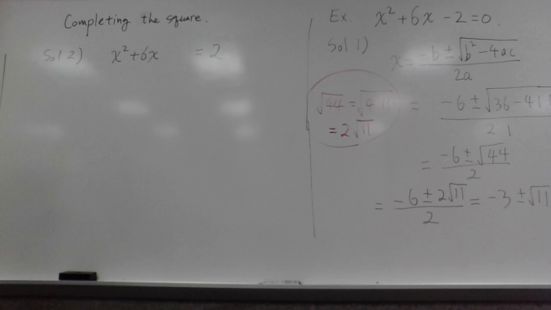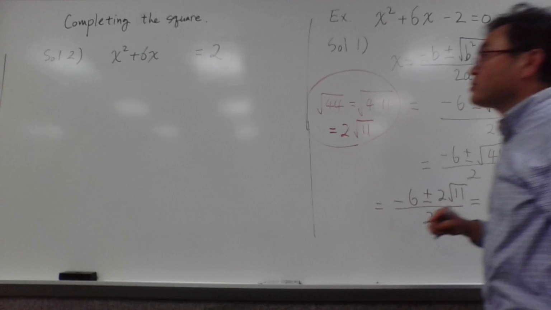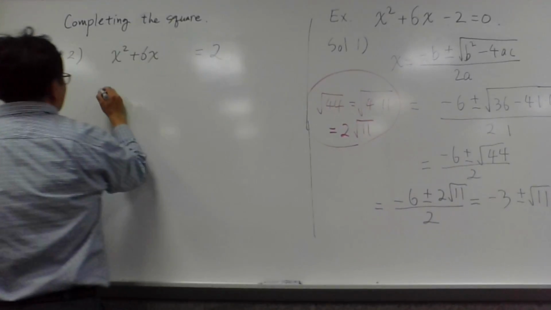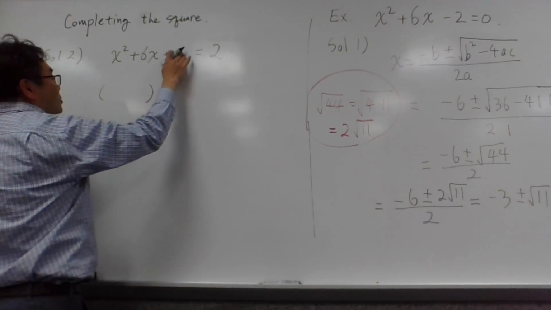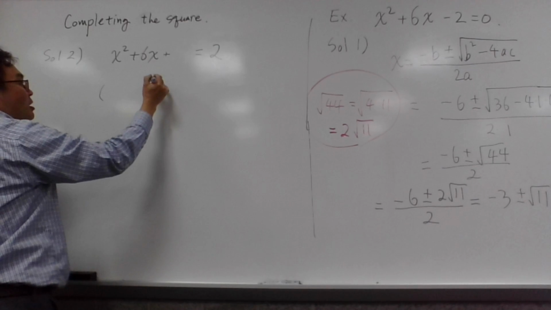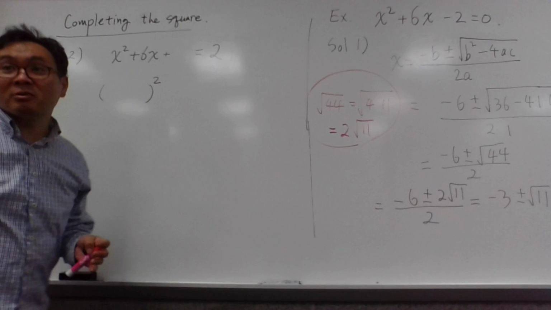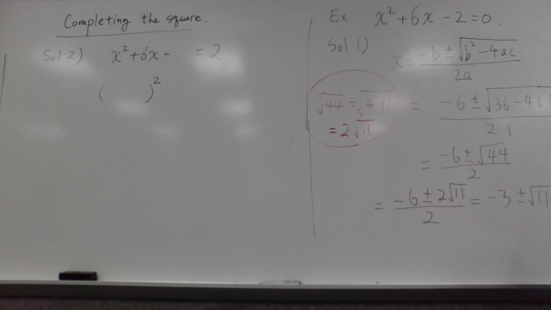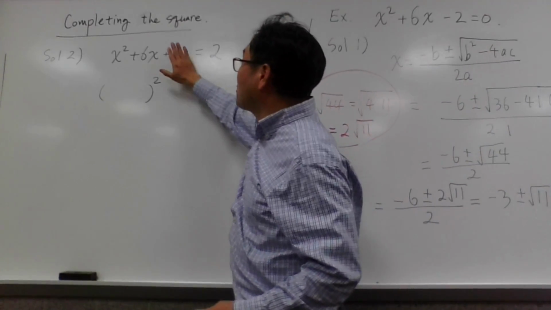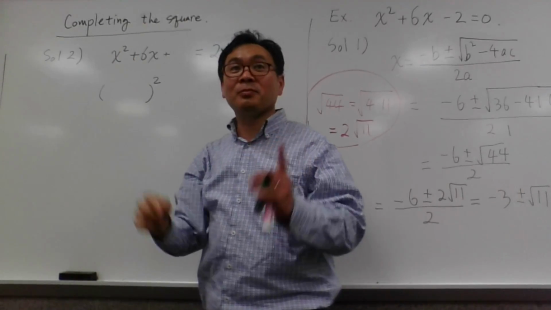So you do this, and now you ask, what should I put here so that the entire left side becomes a square? And that's where the name completing the square comes from. The name comes from the fact that you're putting something so that the entire thing becomes a square. Make sense?